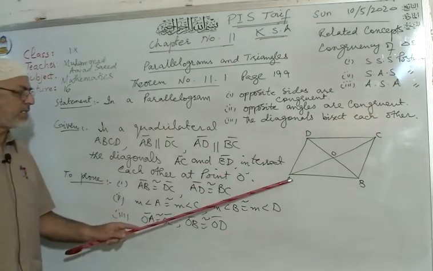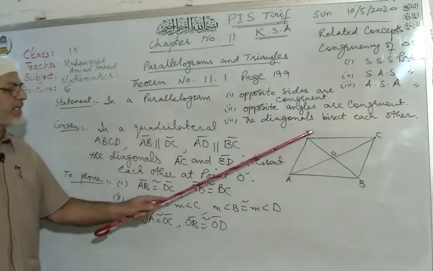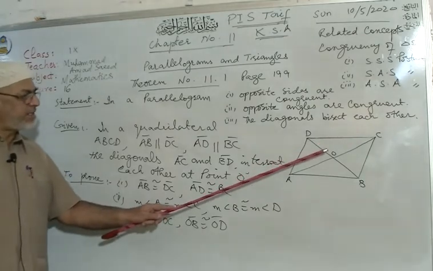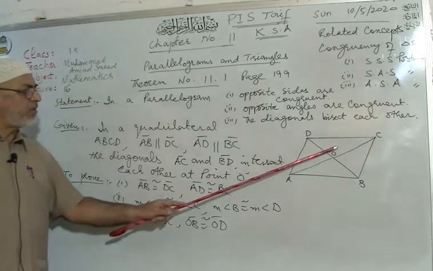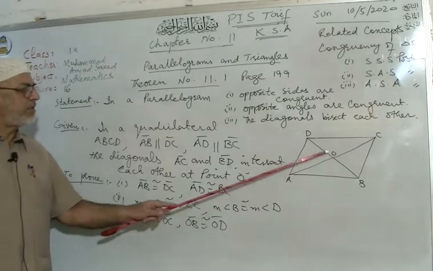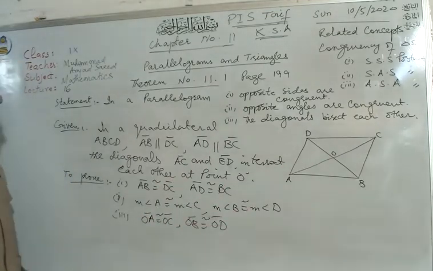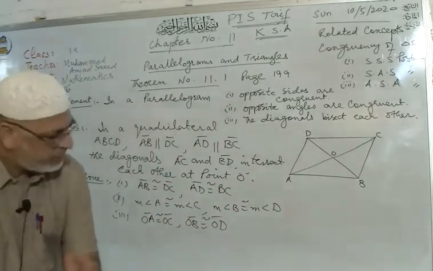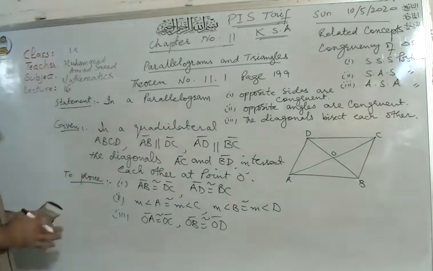AC and BD are the diagonals, so they bisect each other, meaning OA is congruent to OC and OB is congruent to OD. So in this way, we have this to prove.